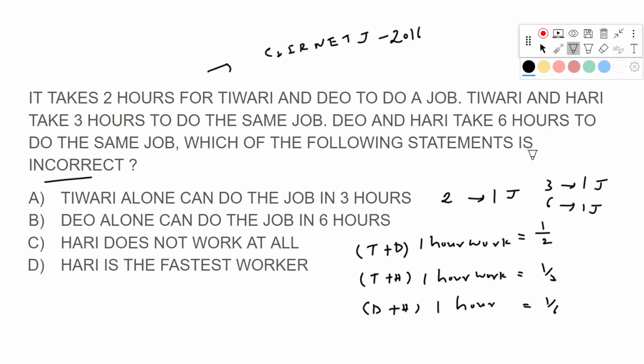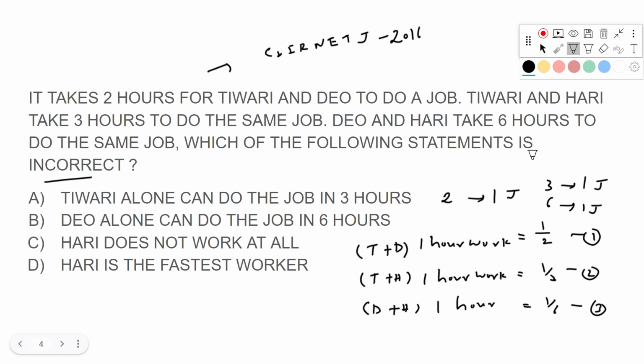Now if you observe, this is the first equation, this is the second one, this is the third one: 1 by 2, 1 by 3, 1 by 6. Now what you have to do, just subtract equation 1 minus equation 2.